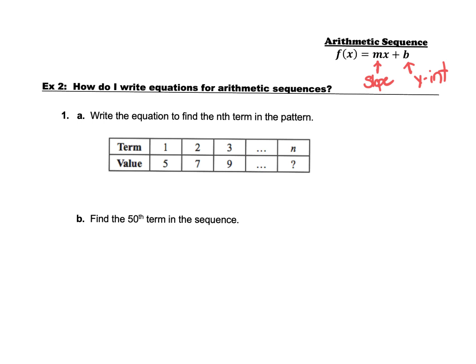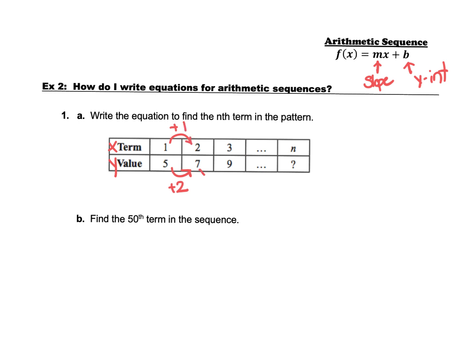So let's look at the pattern that we have in our graph. I'm going to label this my x and this my y. Remember, to find the slope or the rate of change, it's the change in the y all over the change in the x. So I'm looking for how much I'm going up or down in the y, and I'm going up 2. And in the x, we're going up 1.